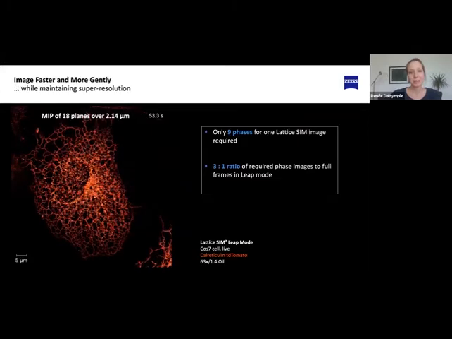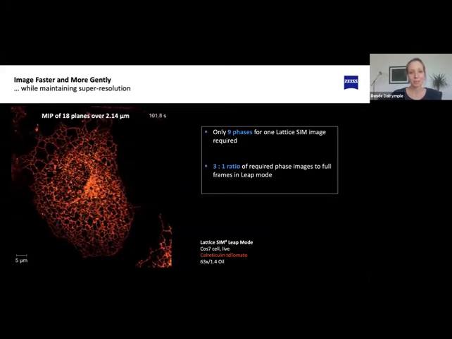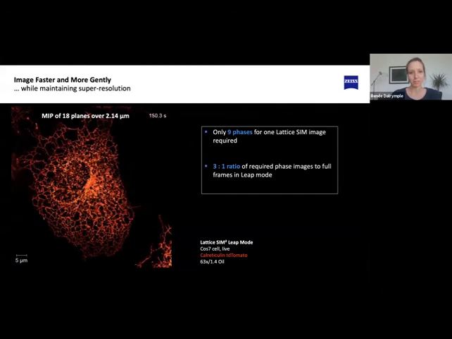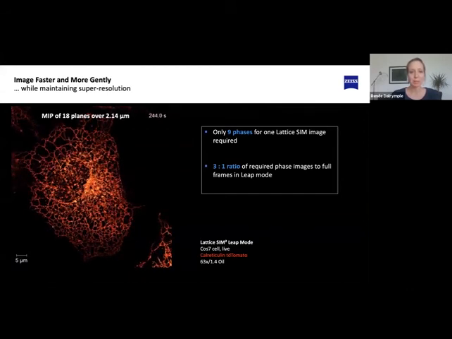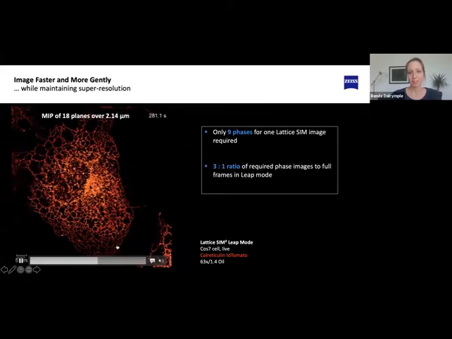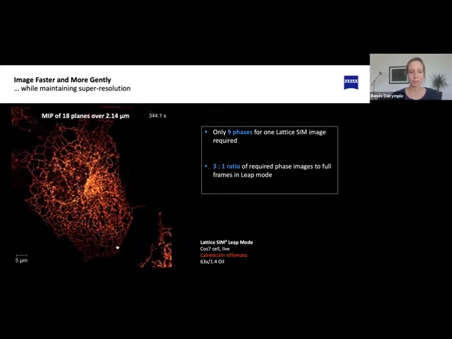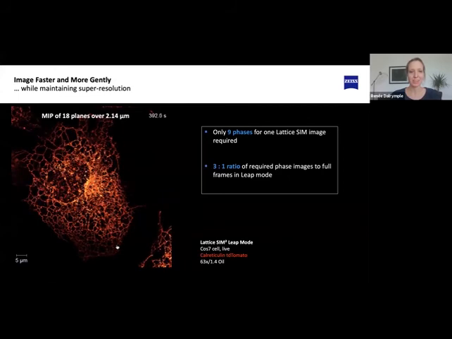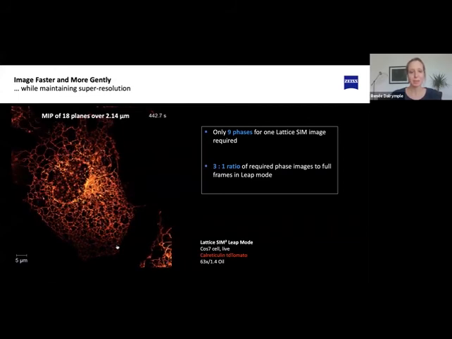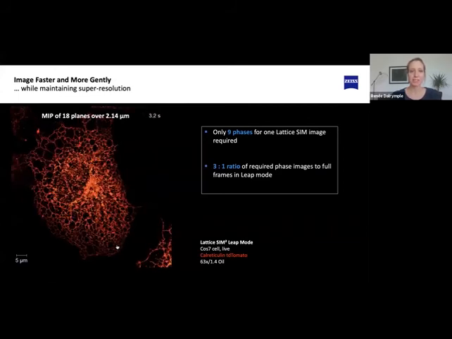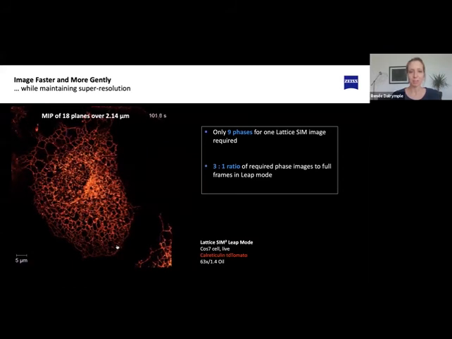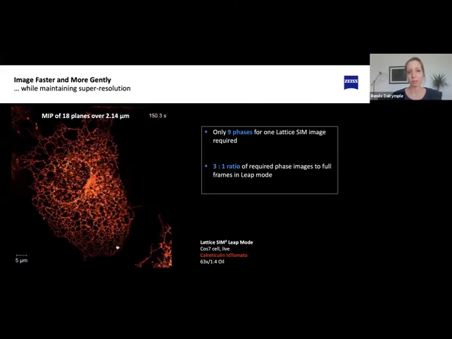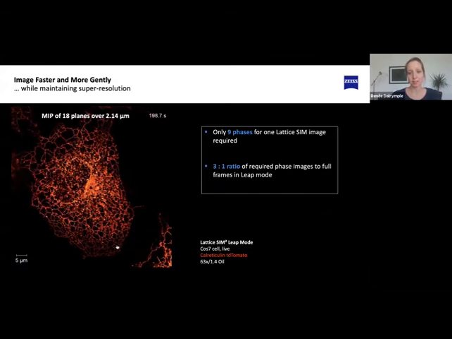So in addition to increasing both the resolution and the field of view with the SIM apotome mode, we are also able to image faster now and more gently because of all the information that we're utilizing from our Lattice SIM acquisitions. What I mean by that is, as we said, it's required to take multiple exposures in order to collect a single super resolution image, because we just shift the pattern over the sample.